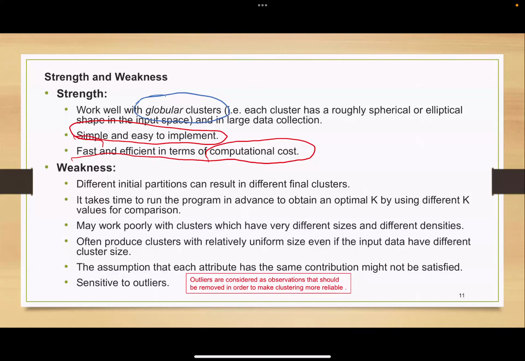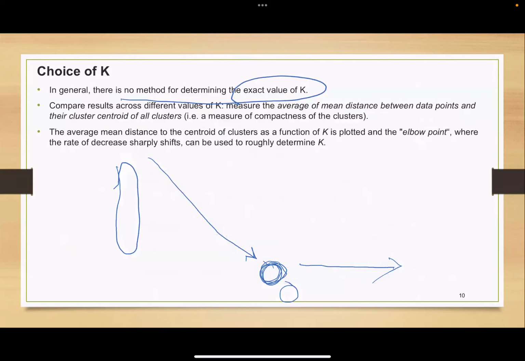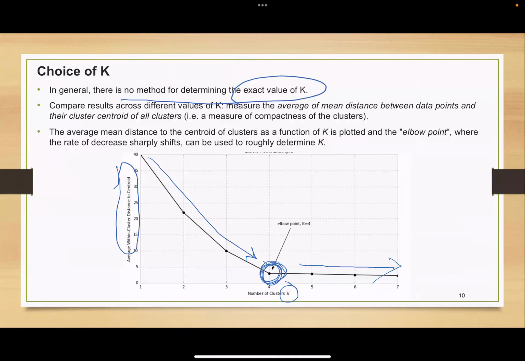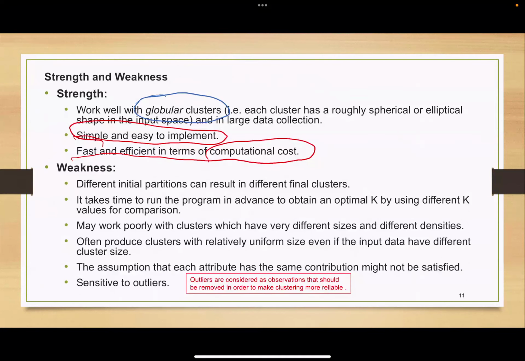However, in k-means, when we find the centroid of the data, we just need to calculate the distance of the new data to the centroid. And if you only have two centroids, you just need two steps of calculation. But in KNN, you need to calculate the distance of all the samples to your new sample. So this is why k-means is fast and efficient in terms of computational cost.